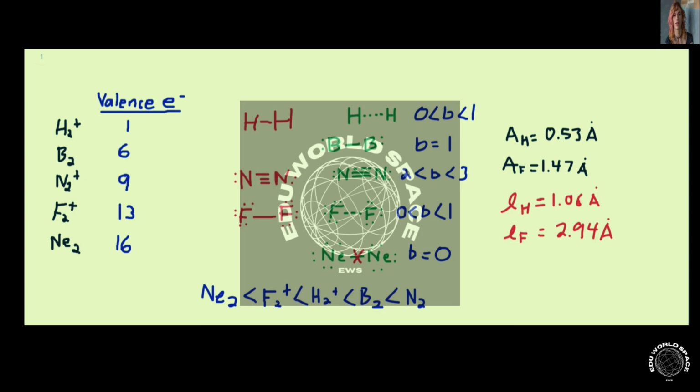To estimate the bond order, we have to write down the Lewis structure of our atoms. And remember, a bond order of 1 is a single bond, a bond order of 2 is a double bond, and a bond order of 3 is a triple bond.